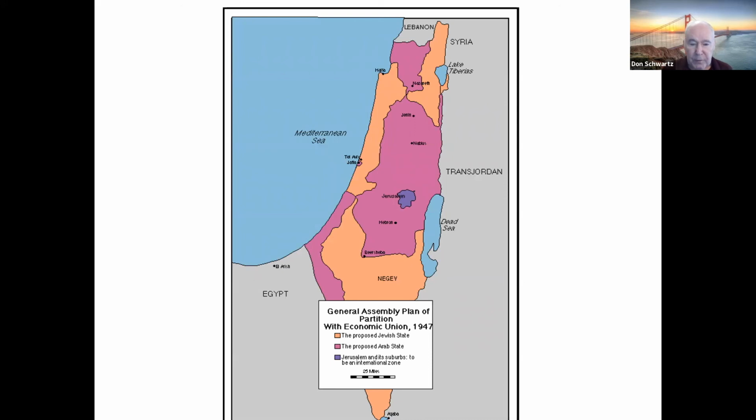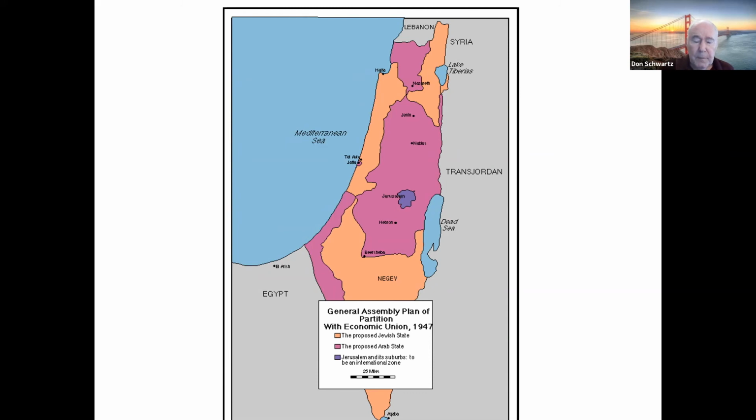So if we look at this map, this is the partition plan that the General Assembly came up with, that everything in the orange color would be part of a new Jewish state, and everything in the purple color would be part of an Arab state carved out of Palestine.